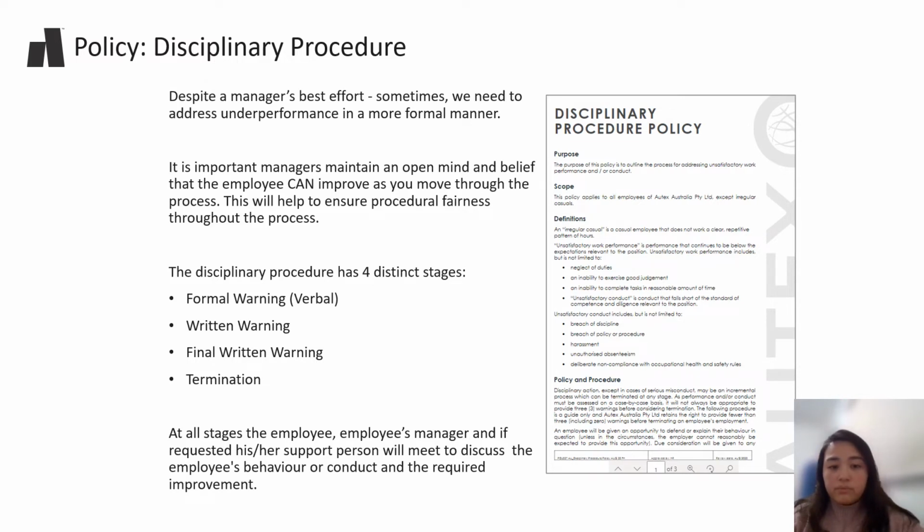At all stages, the employee and the employee's manager can request the employee to bring in a support person to discuss this, but keep in mind that the support person is there to support the employee, not speak for the employee. So we have to keep that in mind and remind the support person about it as well.